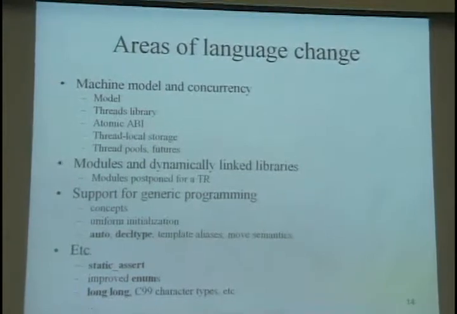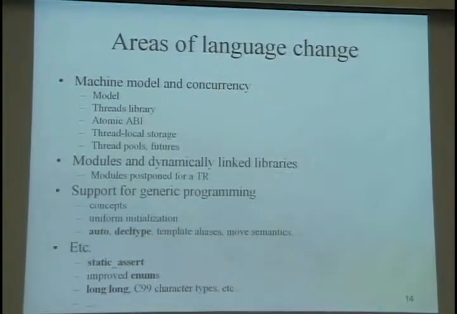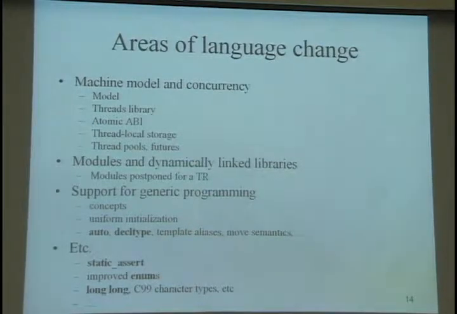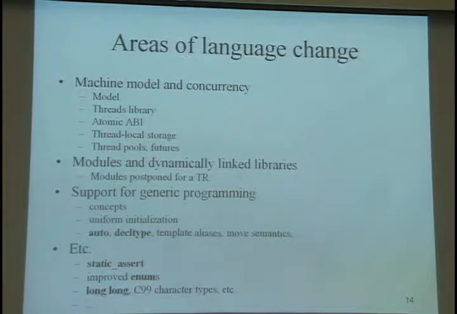so that we programmers don't have to know about that stuff. That's very, very important. And then we want some support for threads. We want some atomic operations. We want thread local storage, and we want futures. That looks as if it might become available. We would like to have done something about modules and dynamically linked libraries. We basically failed.